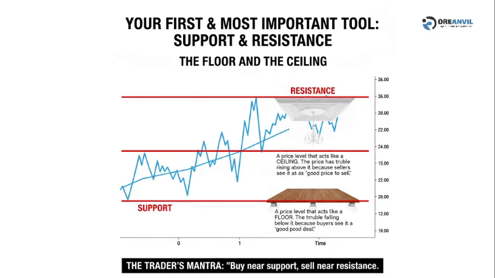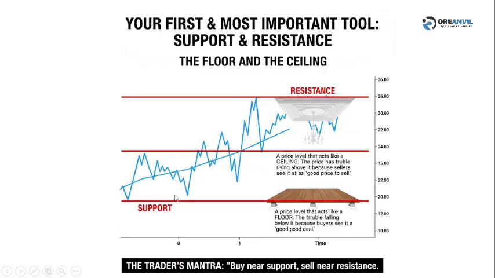Then the next one is your support at the bottom. Support is the floor. It's a price level where the market says, hold on, let's not go lower. Buyers step in because they think it's a good price to buy. So this line here represents what? A support.